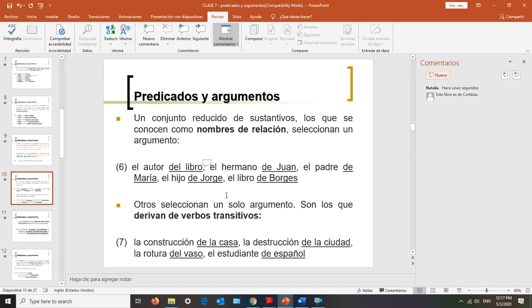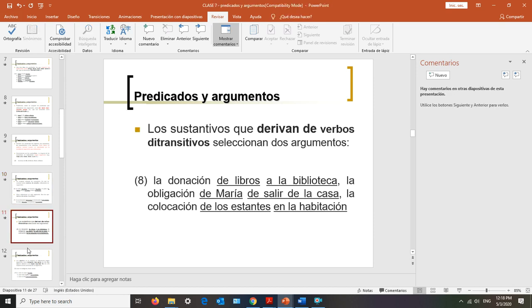Of course, when nouns derive from verbs, as in construcción, deriving from construir, there's also a selection of an argument, in this case, la casa, in as much as we have an internal argument when we use construir algo. Okay? All right.